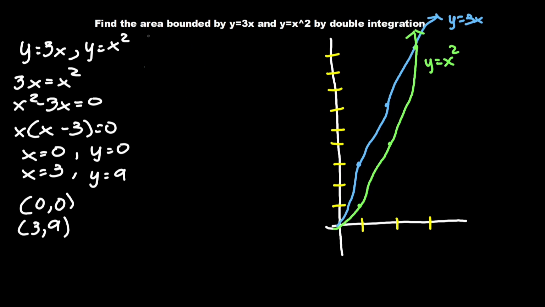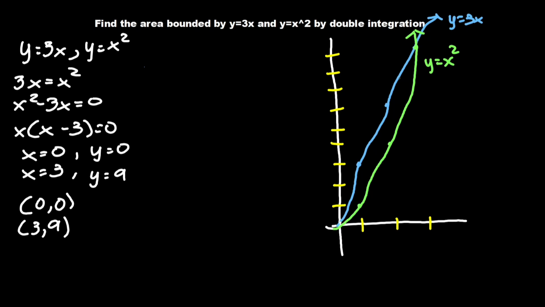And now that we have our graphs, there are two ways to try to find the area of this region. This is the area that you will want to find. There are two ways: it is either using a vertical line or a horizontal line. Let us try first with the vertical line.